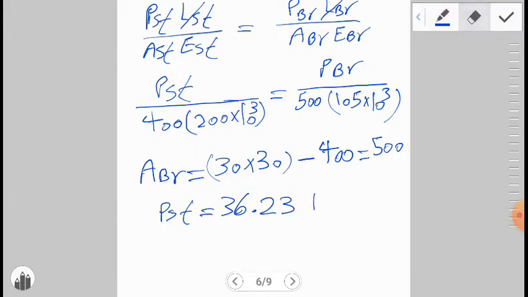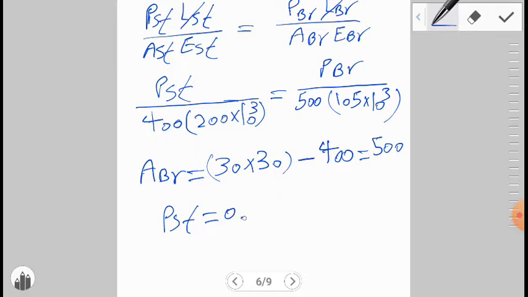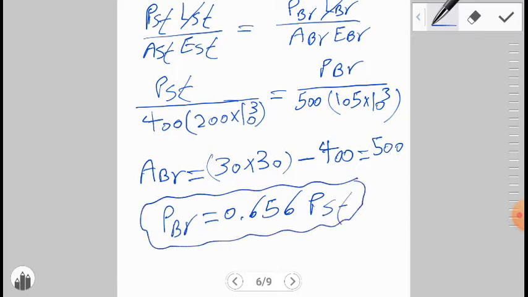After the simplification, we can find P brass is equal to 0.656 P steel.